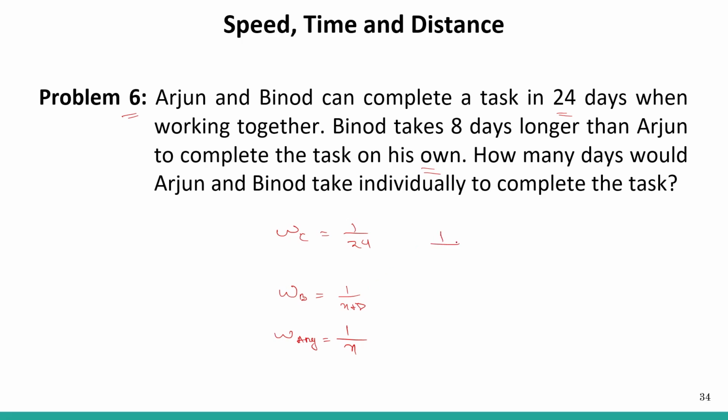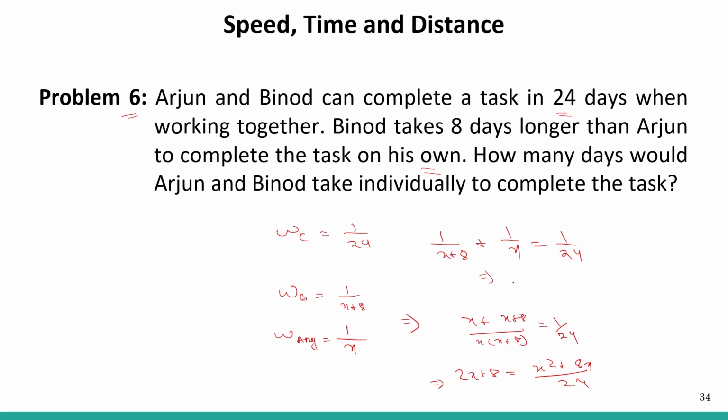So given that 1 by x plus 8 plus 1 by x, okay? This is equal to 1 by 24, which is given to us. So this implies that x plus 8 plus x whole by x into x plus 8 is equal to 1 by 24. So this implies that 2x plus 8 is equal to x square plus 8x by 24.